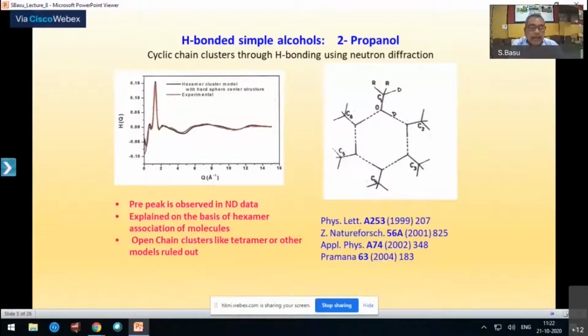Actually, in case of liquid and amorphous systems, the farther you can go the better, and you can go up to 50 angstrom inverse at Rutherford Appleton Laboratory.